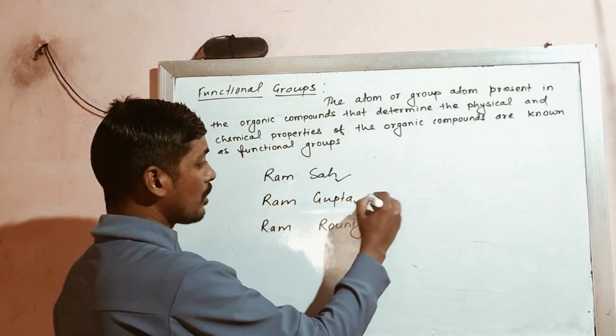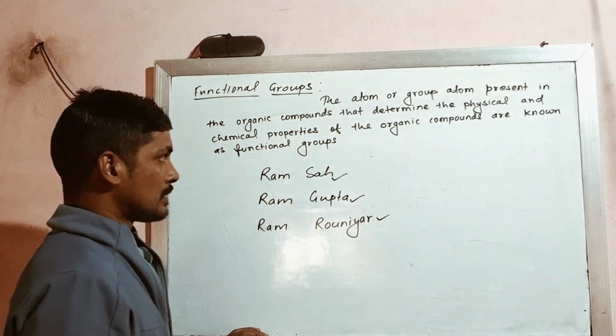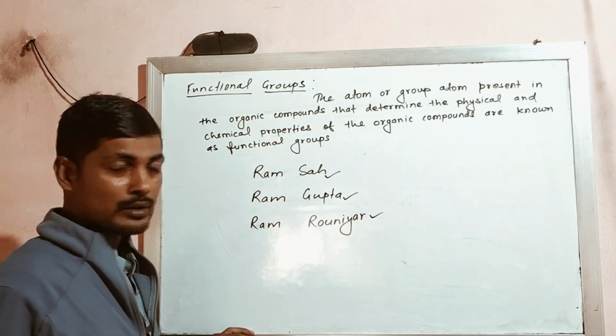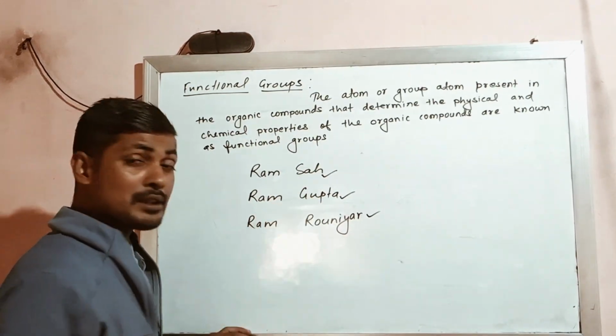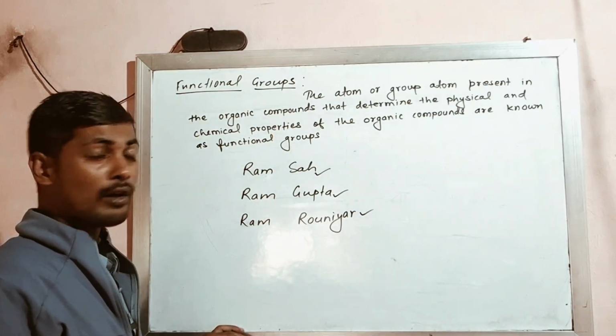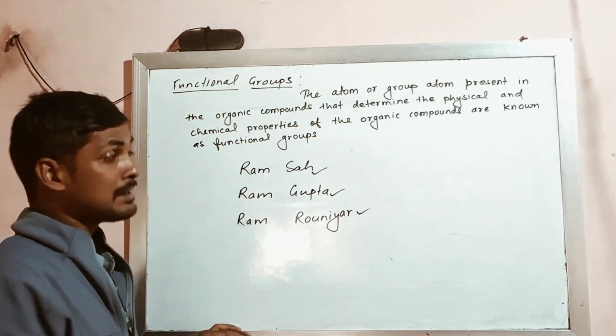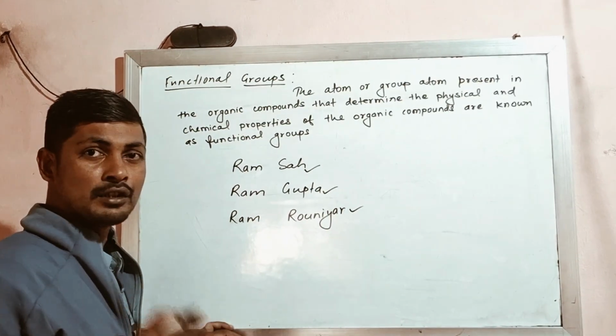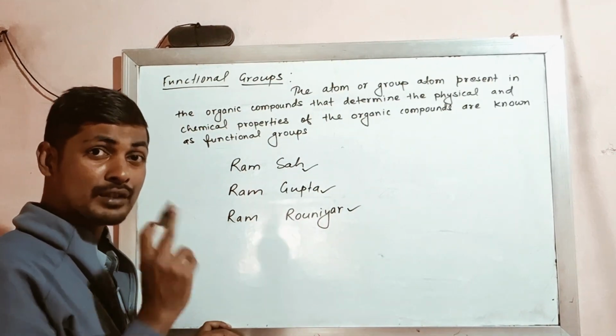Like the caste of human beings, there is a functional group in the organic compound. These castes determine the culture of that person. In the same way, the functional group determines the physical and chemical property of the organic compound.